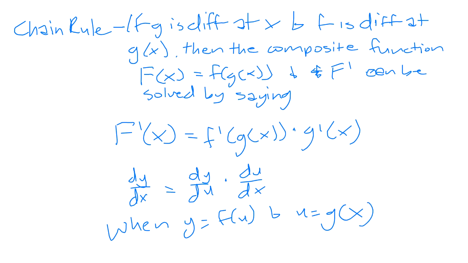So essentially what this is saying is that if we're wanting to derive a composite function, we take the derivative of the outside and leave the inside the same, and multiply that times the derivative of the inside. So essentially we're just working outside in.